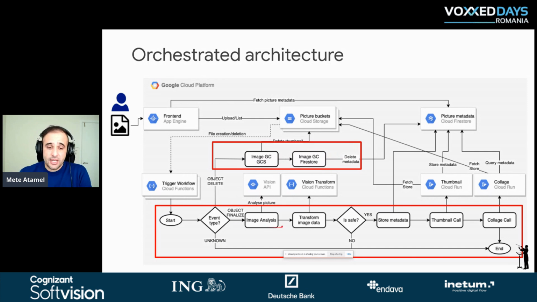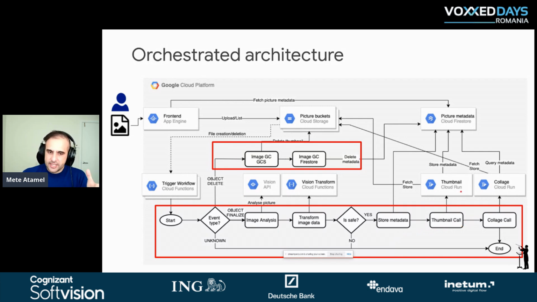If it's a new object, then it makes a call to Vision API, again from workflow. Then get the data, transform the data, check if the image is safe. If it's safe, then save it to Firestore, and then create the thumbnail and create the collage by calling to Cloud Run services. Now you can see that in this model, some of the work is happening within workflow, and some of the work is happening by delegating to other services when it makes sense.